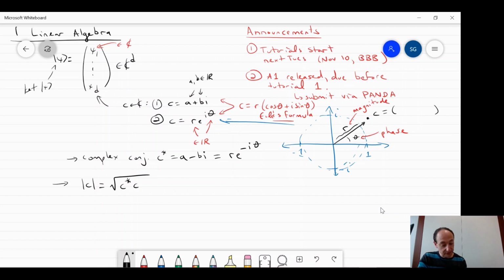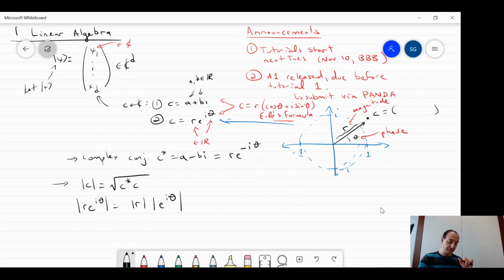And in particular, if I take the absolute value of r e to the i theta, if you work through this, what this will give you is the number r, which we typically think of as non-negative. It doesn't have to be, but you can suck up the negative into the phase if you want. And then it will be times this.